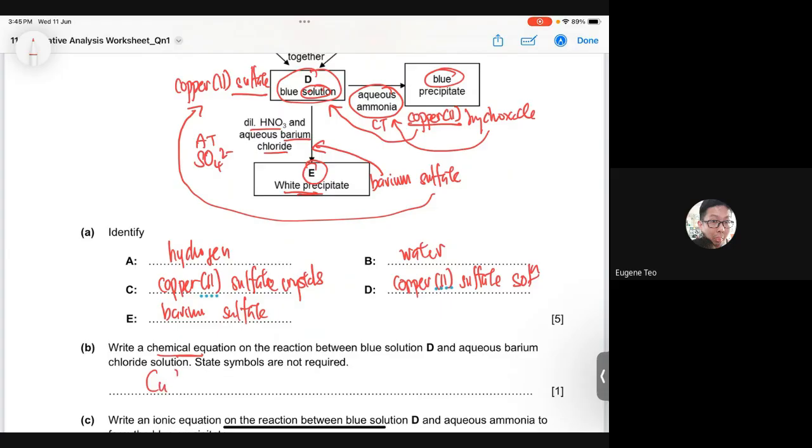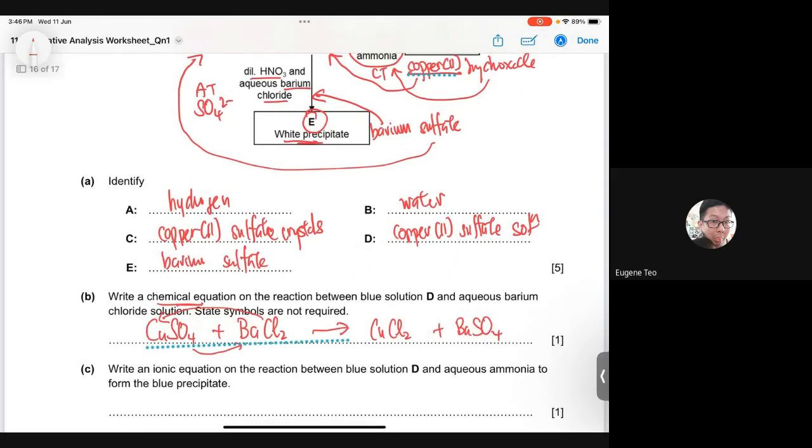So this will be CuSO4. Barium chloride, so that will be BaCl2. So whenever you got this white precipitate formed, actually it is ion exchange. So the sulfate actually goes to the barium, the chloride goes to the copper. So I'm going to get copper chloride plus barium sulfate. Okay, so easy.